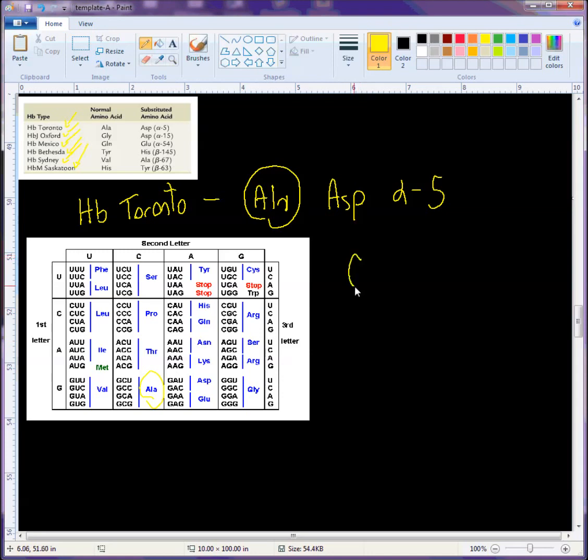So there are 4 possible codons for alanine: GCU, GCC, GCA, and GCG. Okay, so those are all the possible codons for alanine.